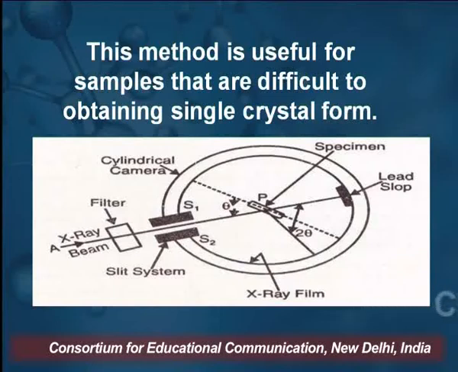pattern of the crystal. So the X-ray light passes through the filter, passes through the slit, and falls upon a crystal which is on the sample holder, and the X-ray film is on the sides of the cylindrical camera.